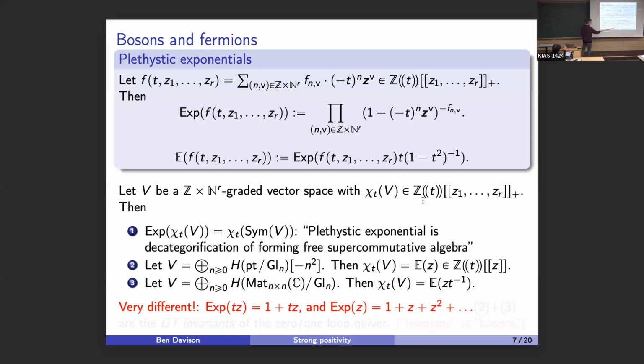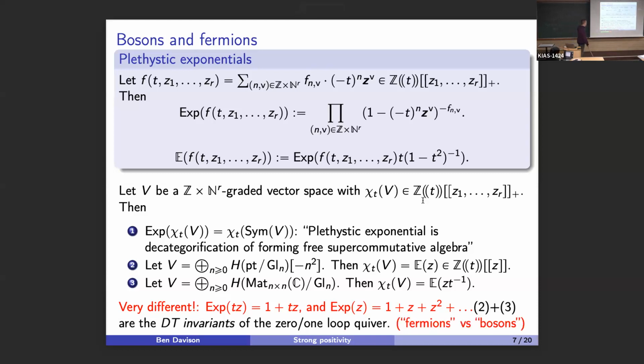So its characteristic function might end up looking something like this, whereas if it's in even cohomological degree, it looks more like this. I call the first case fermionic and the second case bosonic.